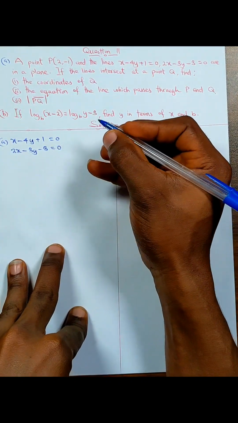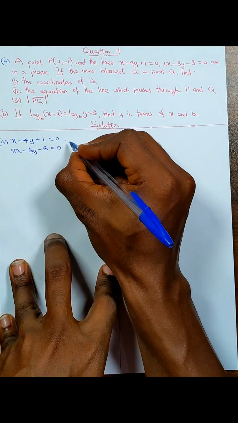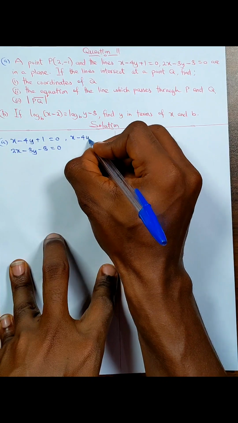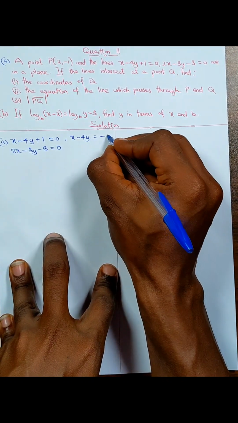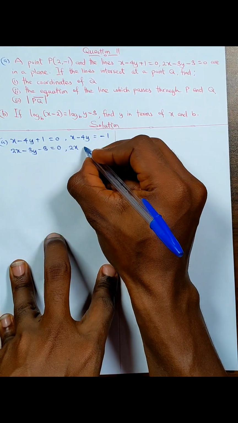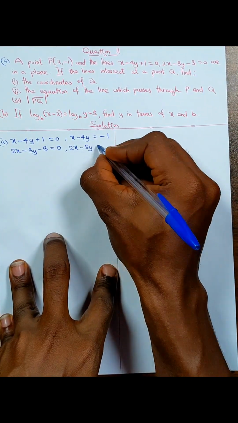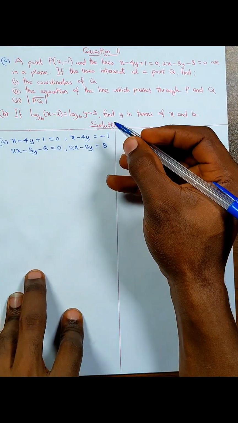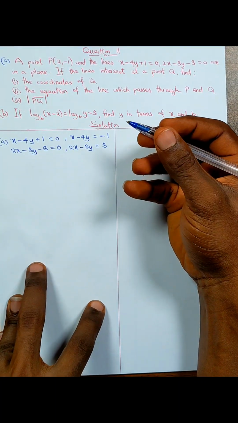I will rewrite the two equations and take the constants to the right. So it becomes -1. Then I'll rewrite this as 2x - 3y = 3. Then I can now solve them simultaneously.